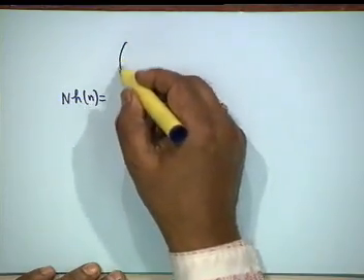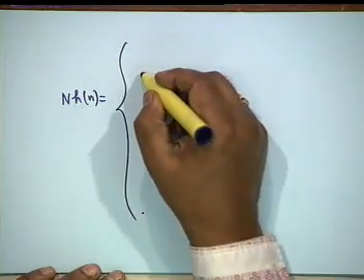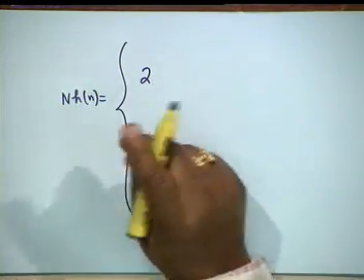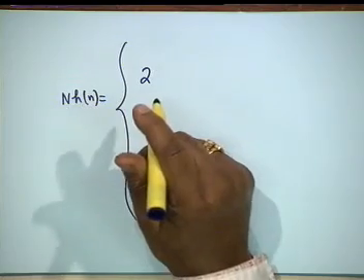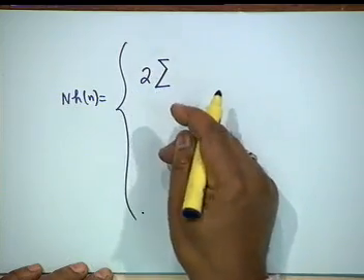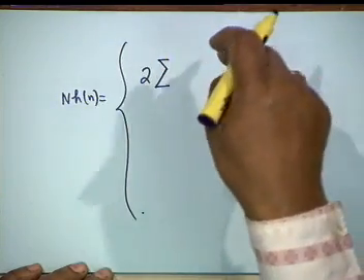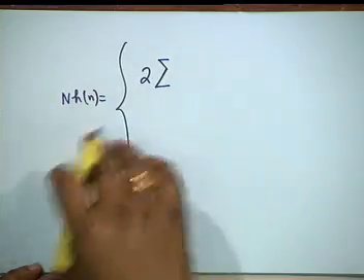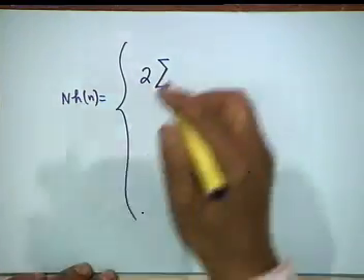N times h of n would be twice. Now I don't have a lone term. So twice summation. If I had a lone term, then the lone term has to be written first, but I don't have it here.